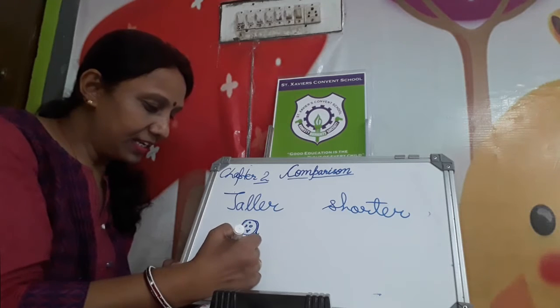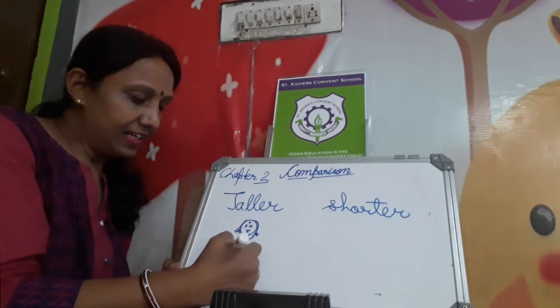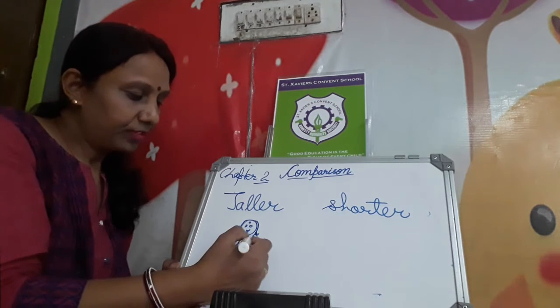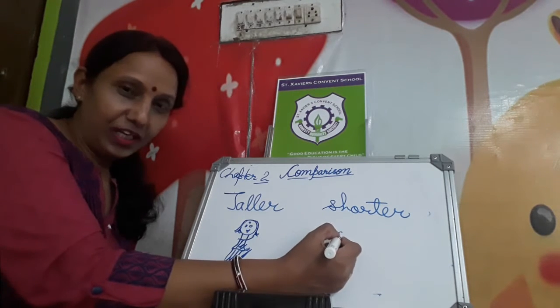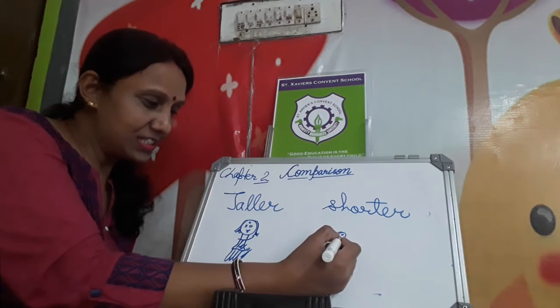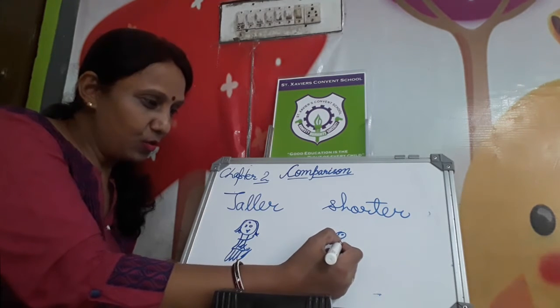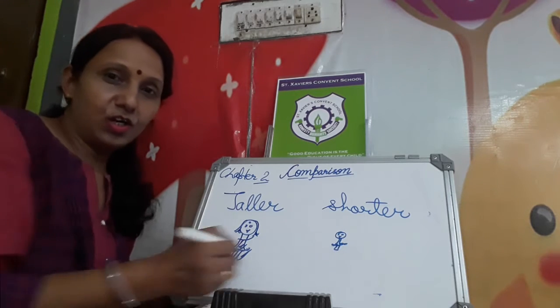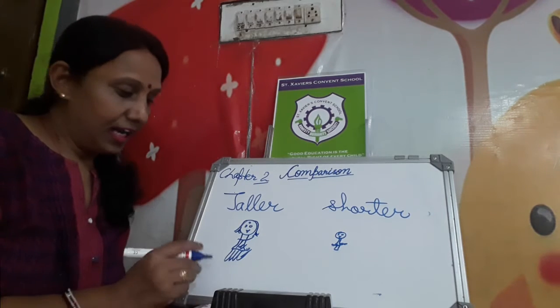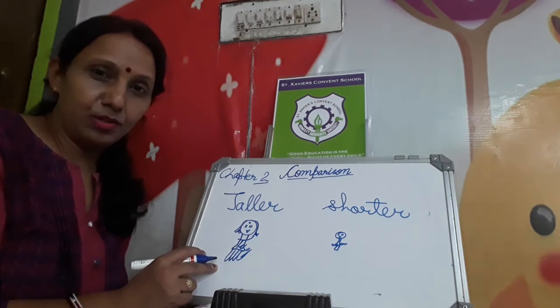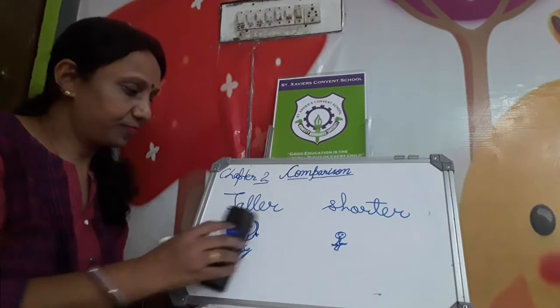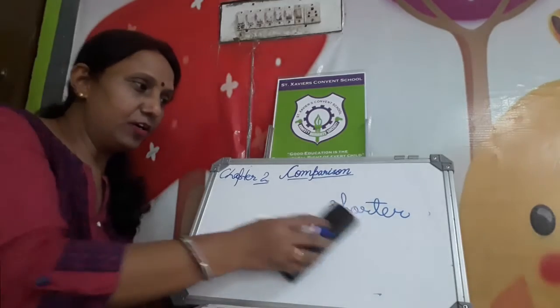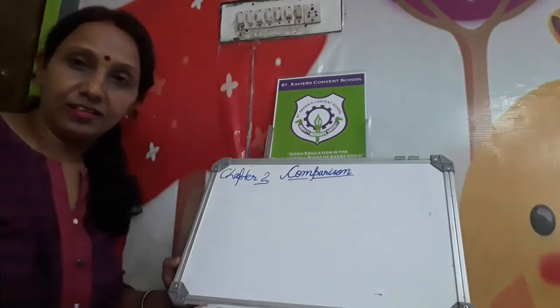Yes, your mama is taller than you. Here you just see your size. You are shorter than your mama and your mama is taller than you. Alright? So, got the meaning of taller and shorter comparison? Got it?